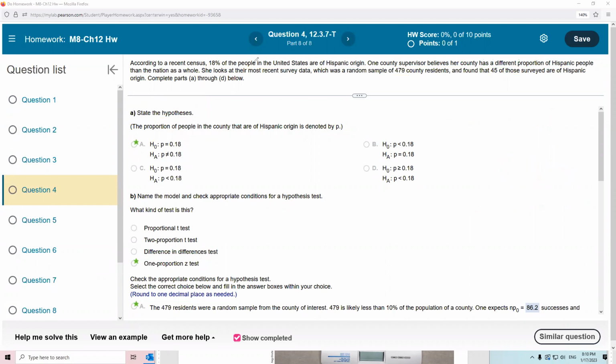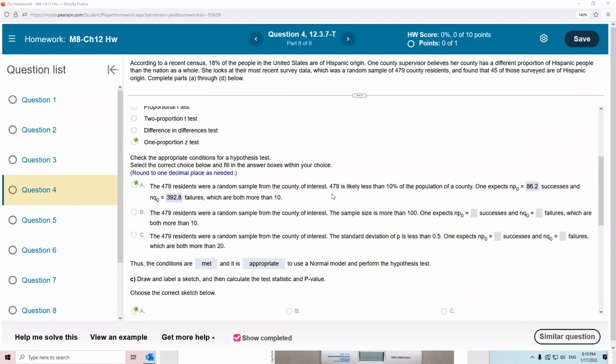The next part says, check the appropriate conditions. Well, the conditions we have to check here are, we want the sample size to be less than 10% of the population size.